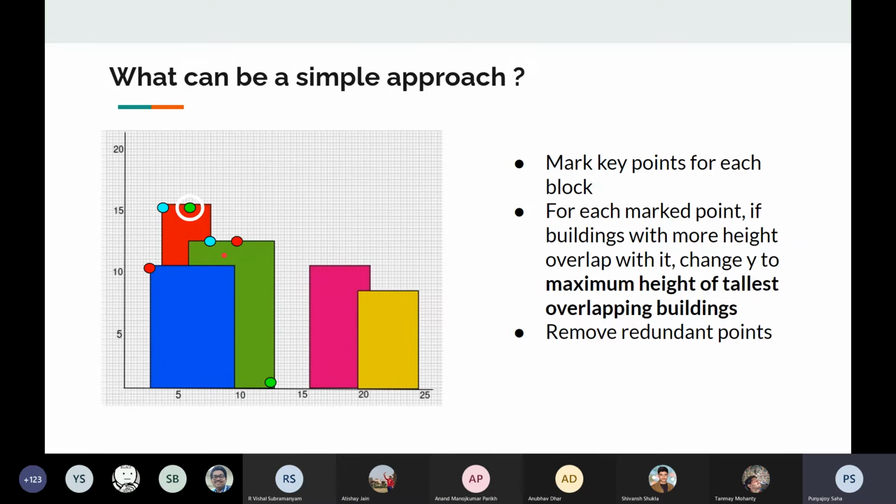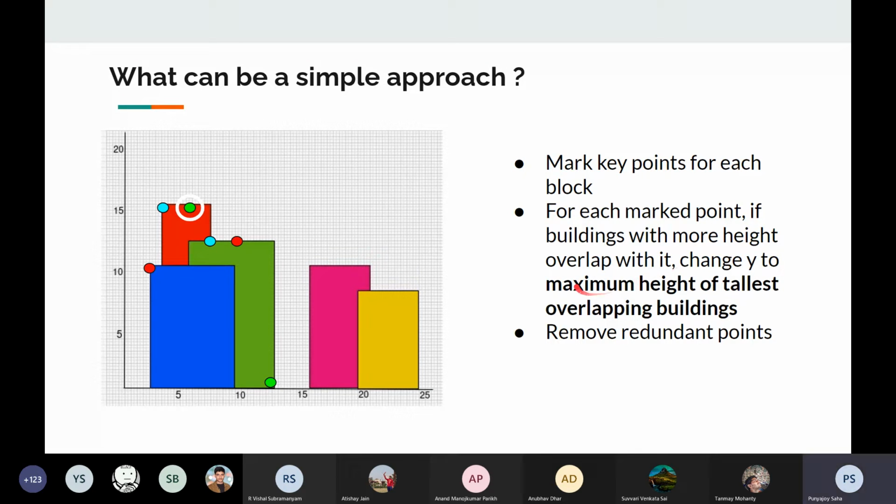So the blue one shall go till the top of the red or green? No, it should stay here. So that's what I said. The blue one is part of the red block, right? So it should go until the green block because that is the highest building apart from red. But sir, in the point you said change y to the maximum height of the tallest overlapping.